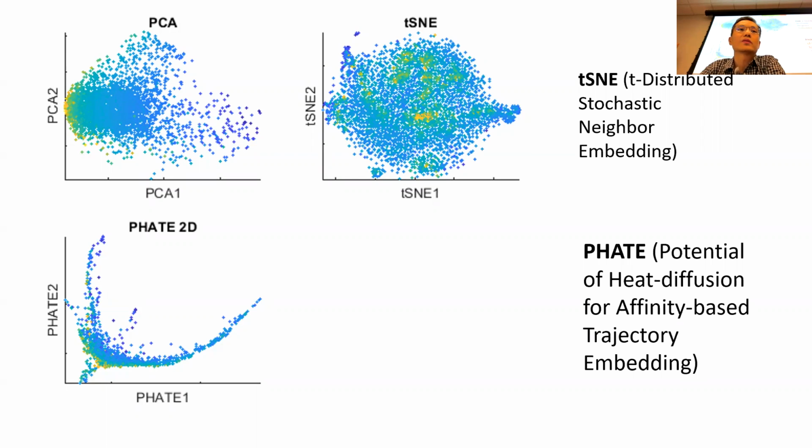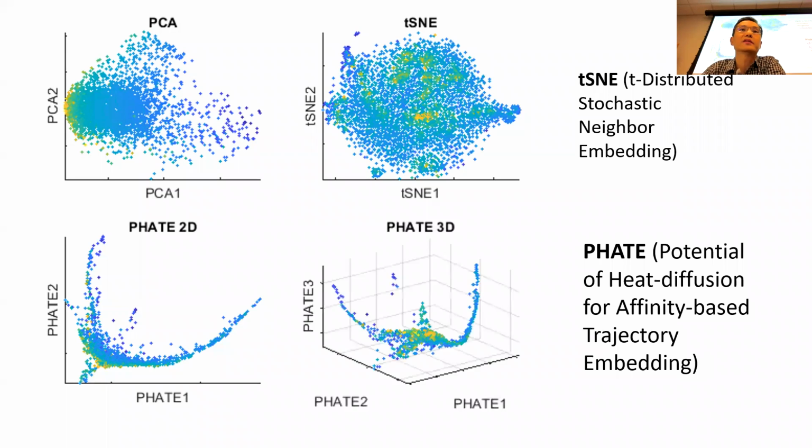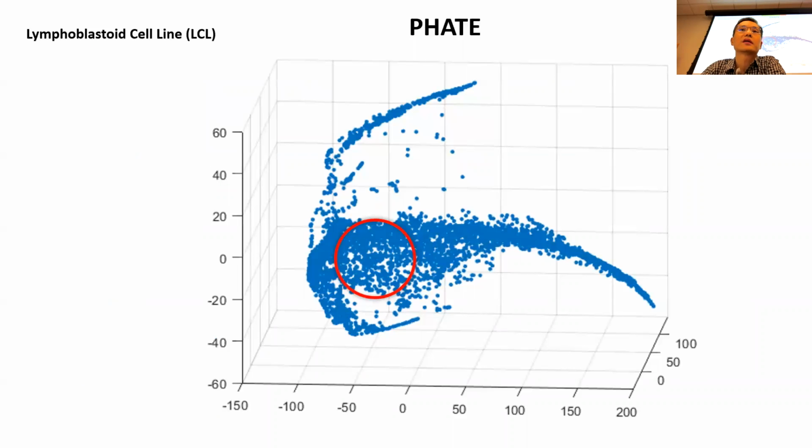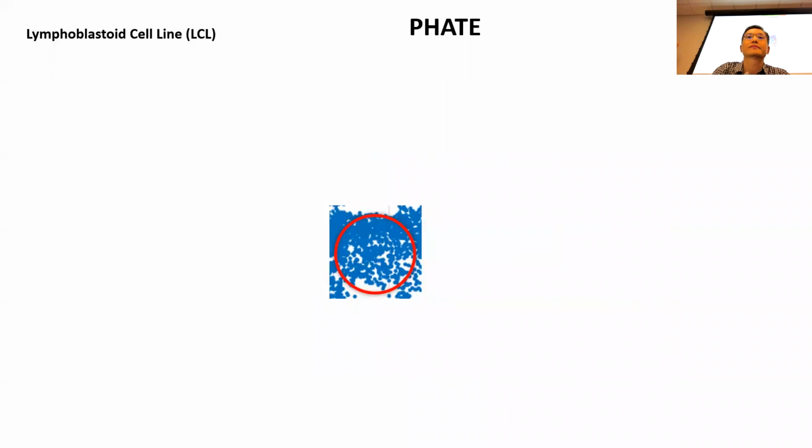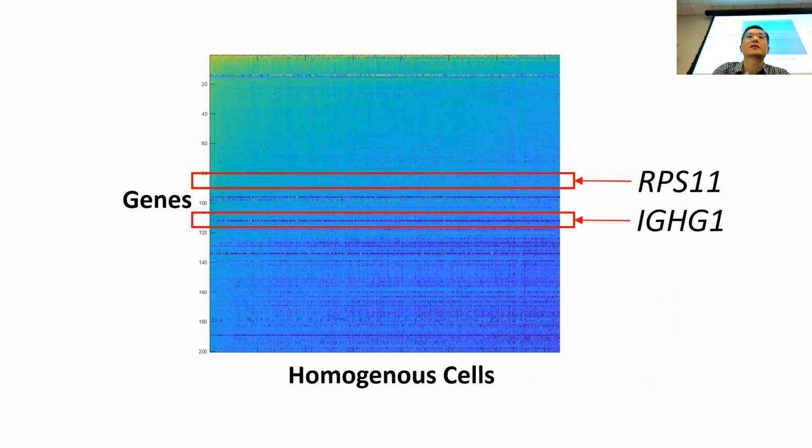So to be conservative, we use PHATE to do this embedding, and then within the PHATE embedding, in the core of this structure, we just select 1,000 cells from here. Okay, so that's our selection of a pure cell group.